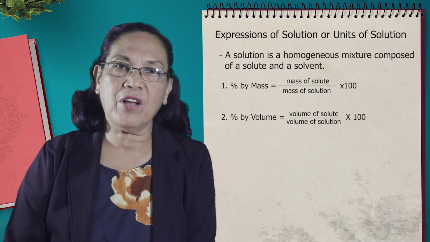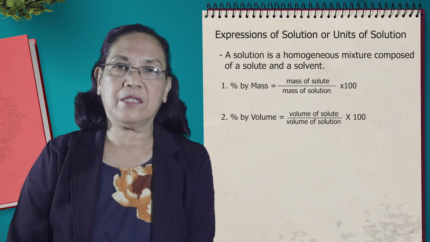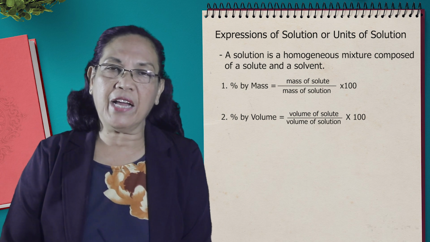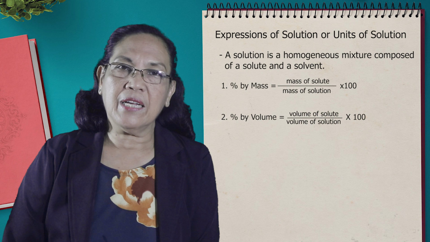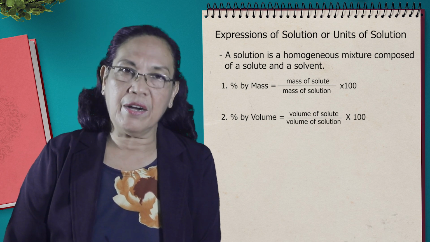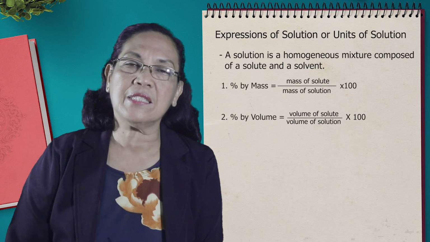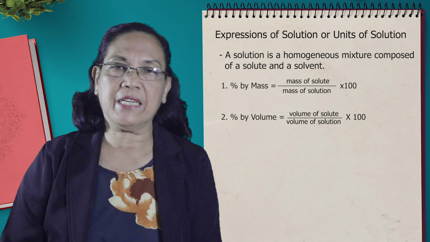The percent by volume of that rubbing alcohol is 70%. This concentration, by the way, is actually the best concentration to be used as a rubbing alcohol as well as a germicidal or an antiseptic.